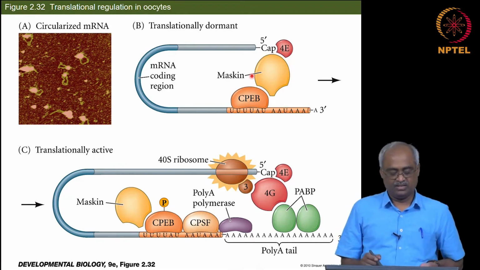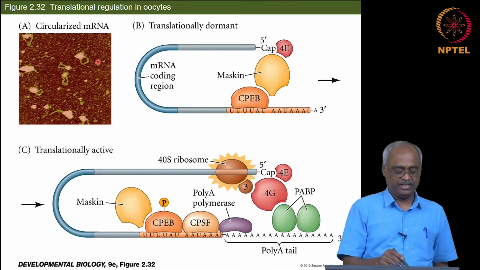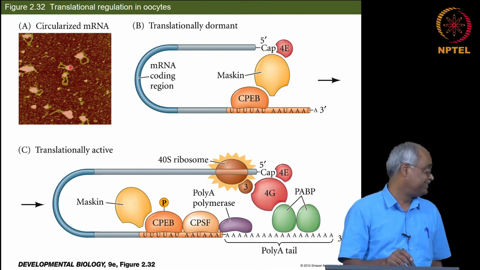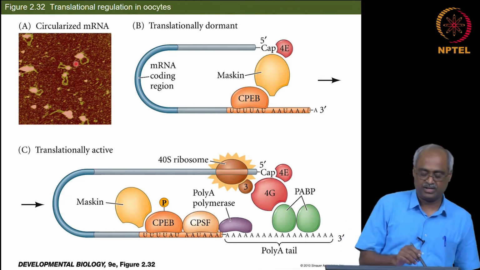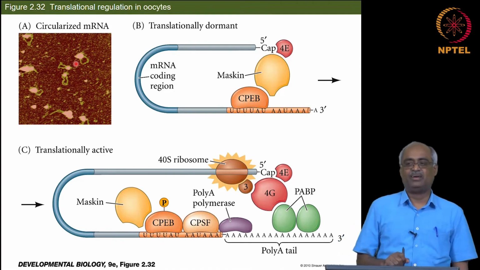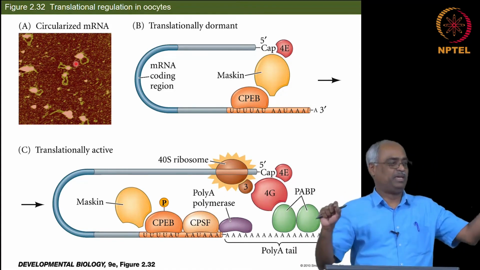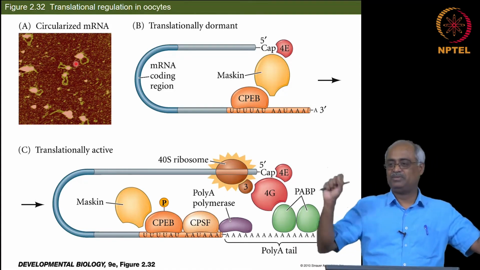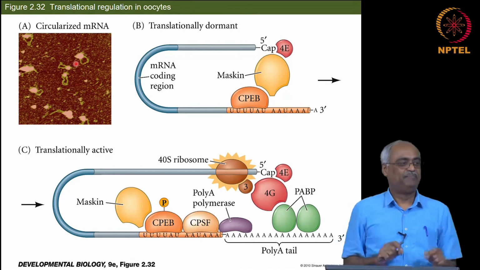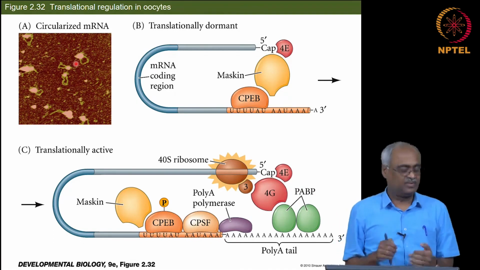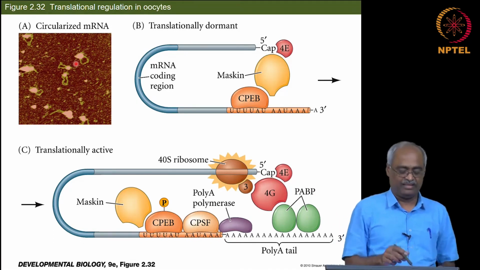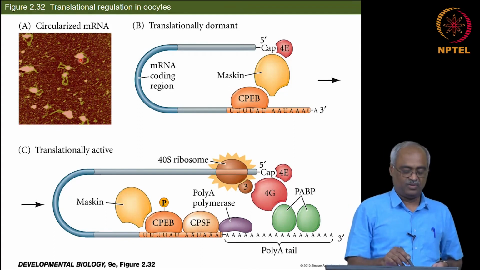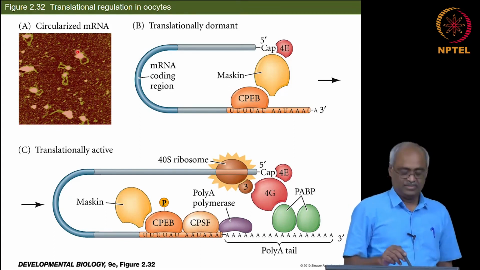Before that, I should introduce you to this idea of looking at the mRNA. Normally you write mRNA as a long line, 5 prime cap to 3 prime poly A tail. But in reality in cells they do not exist like that, they are instead found in a ring-like form.